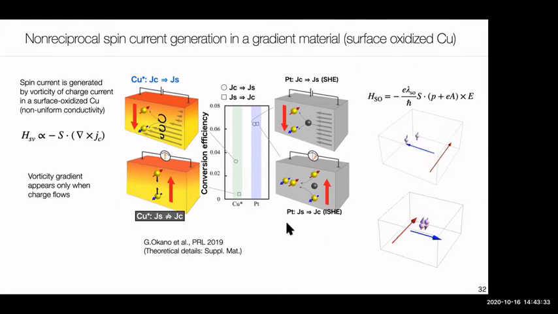This is very different from the conventional spin Hall effect and inverse spin Hall effect, where we use both processes and the spin-orbit coupling always exists in both. But in the case of the gradient material, we have a very big non-reciprocal phenomenon for the spin to charge conversion efficiency.